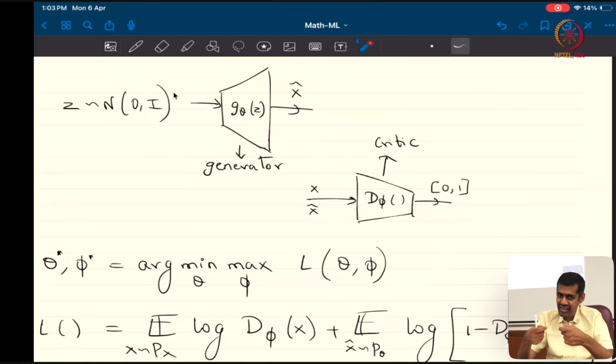Any saddle point optimization problem is an adversarial optimization problem, because you have an objective function and two different sets of parameters that are trying to optimize it in two different directions.